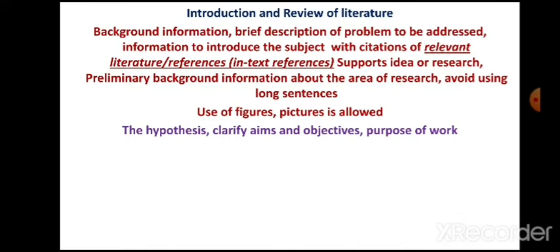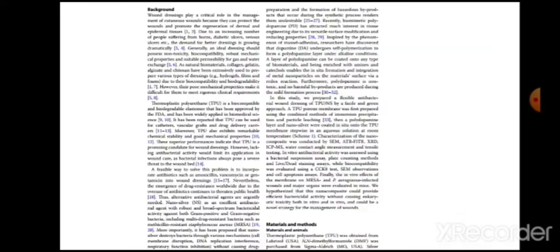You need to describe your aims, and in order to achieve that aim, you need to describe what objectives you have decided and the purpose of work. So all these things will be included in the first chapter.